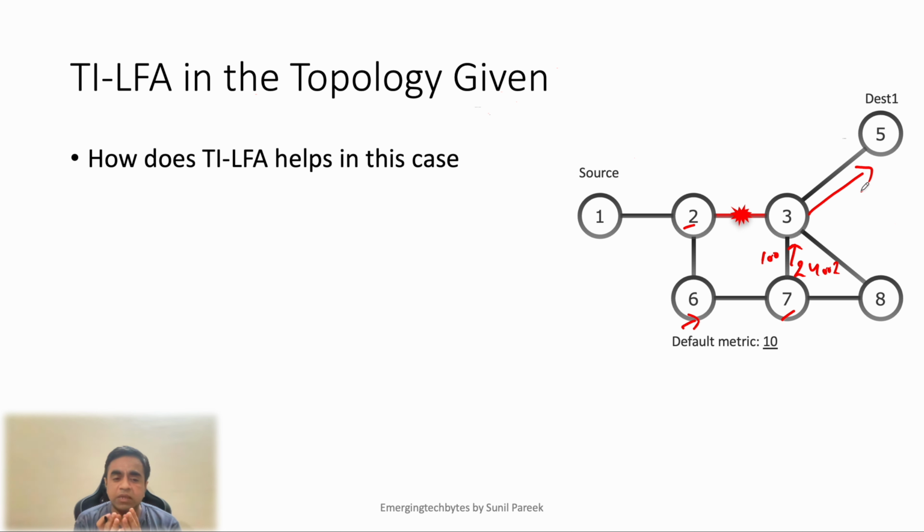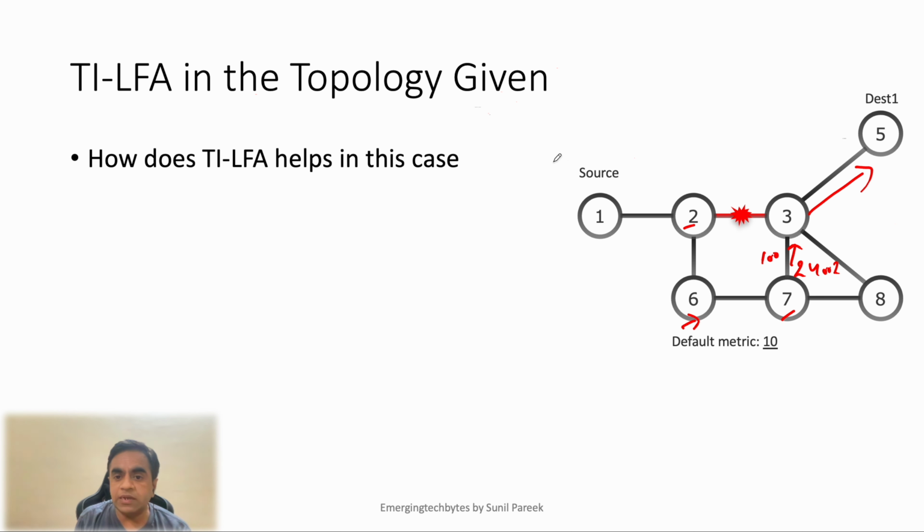Now this is something that may sound confusing. So let's take a topology and then we will look at a packet walk as well. When the failure happens, how is TI-LFA triggered and what does the packet walk look like? So at a high level, let's try to see what the packet walk looks like. I will try to draw on the same sheet.